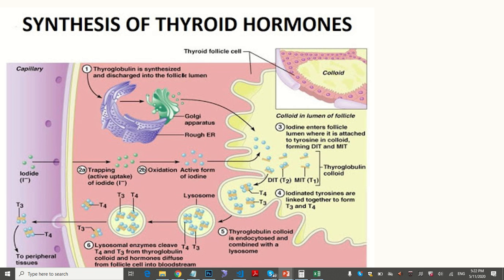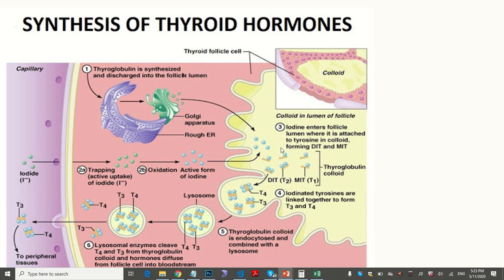The iodine is taken up via a carrier system, the iodine pump or sodium iodide symporter carrier system, from the blood, and it's oxidized into active iodine, and once it's oxidized, it's transported from the follicular cells into the follicular lumen.